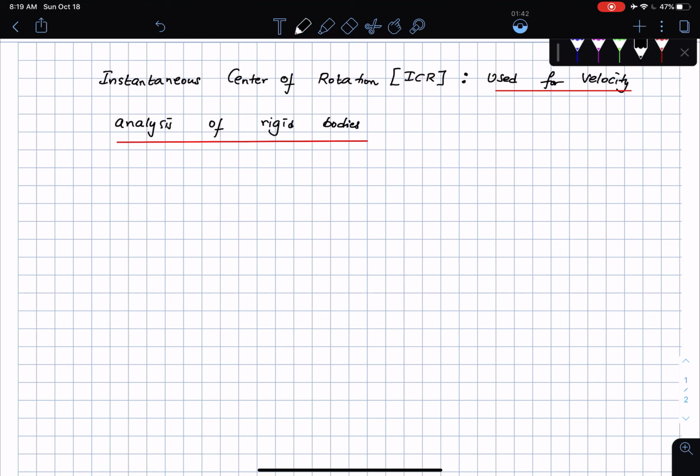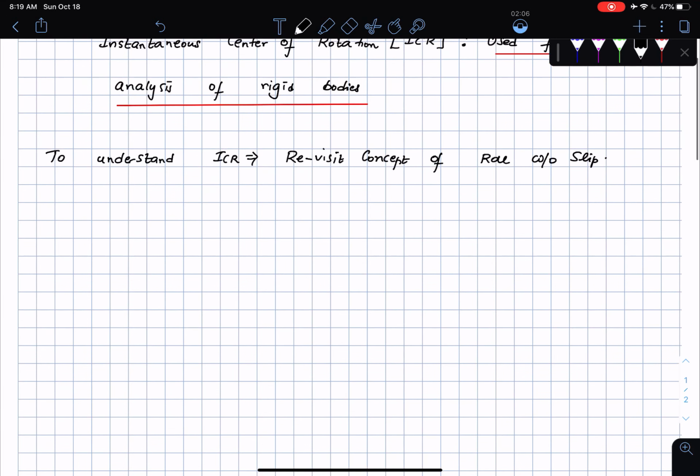To understand this, I'm going to revisit the concept of roll without slip. Let me do this by taking a very simple example.